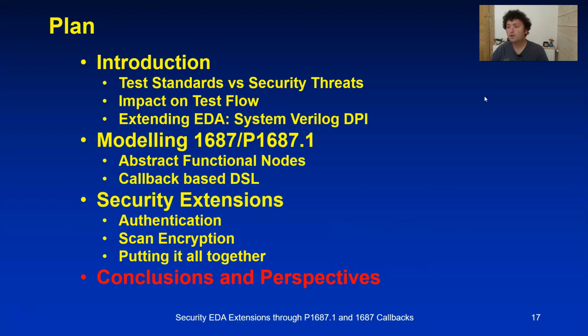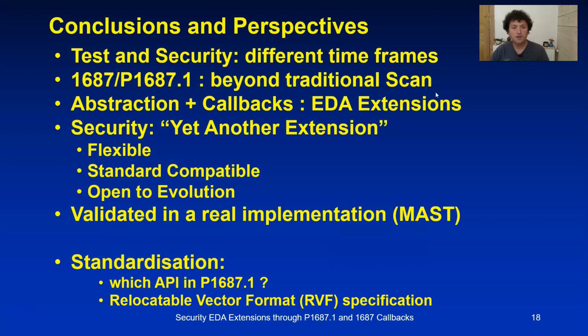So, what are the conclusions and the perspectives of this work? We show that test and security are both really important, but they have different time frames, so it's difficult to combine the two. In the same way, 1687 and P1687.1 provide means of going beyond traditional scan, and we decided to exploit them to provide these new EDA extensions.